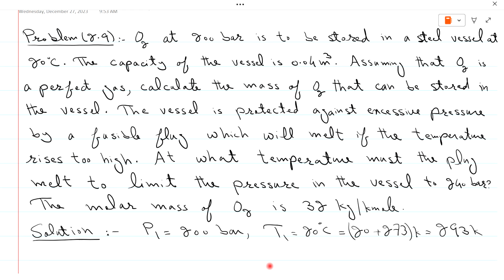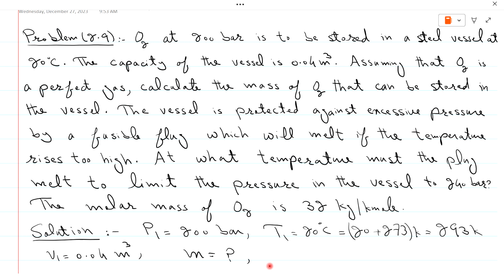The capacity of the vessel is 0.04 cubic meter, so V1 is equal to 0.04 cubic meter. Assuming that O2 is a perfect gas, it means that we will use the perfect gas equation. Calculate the mass of O2 that can be stored in the vessel.